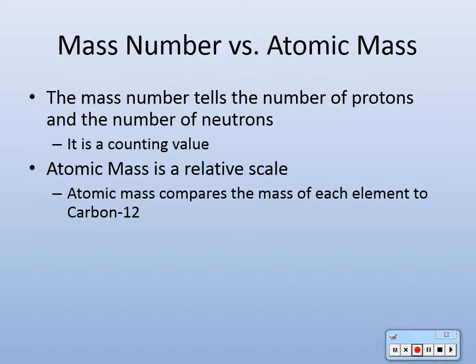All right, so what 3 things can you tell me about a carbon-12 atom? 6 protons, 6 electrons, and 6 neutrons. All right? Are we good with those 3 things? Good. So we know it has those 3 things, but if we're going to use it to compare other things, we have to assign it a value.